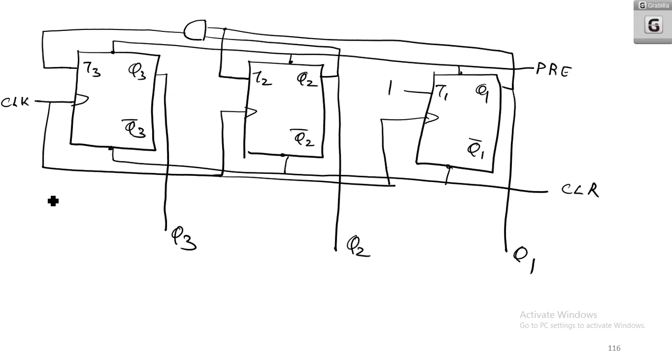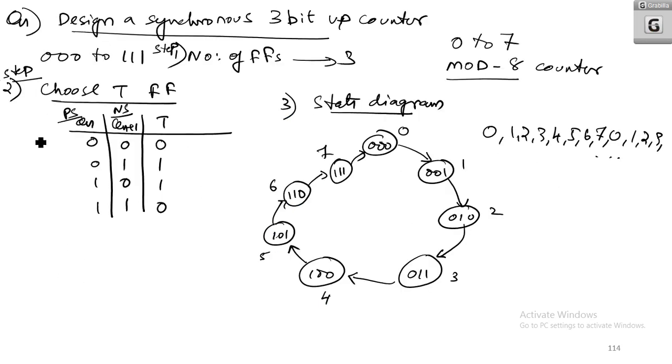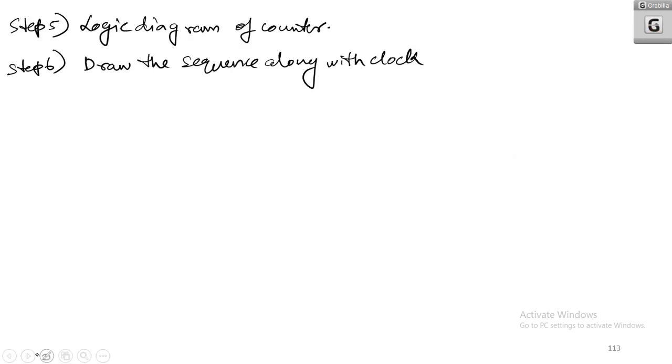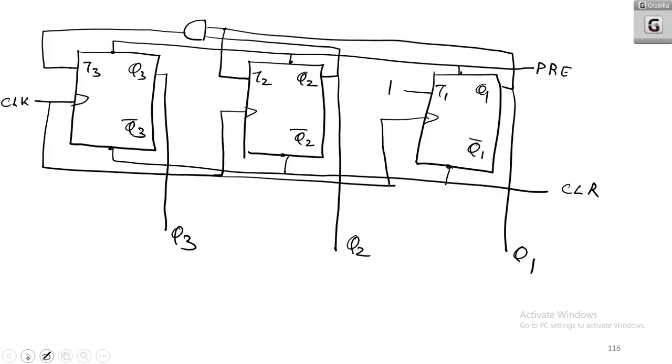Now what is the next step? It is not over. I need to draw the sequence. The last step is to draw the sequence diagram, which is also known as the timing diagram.